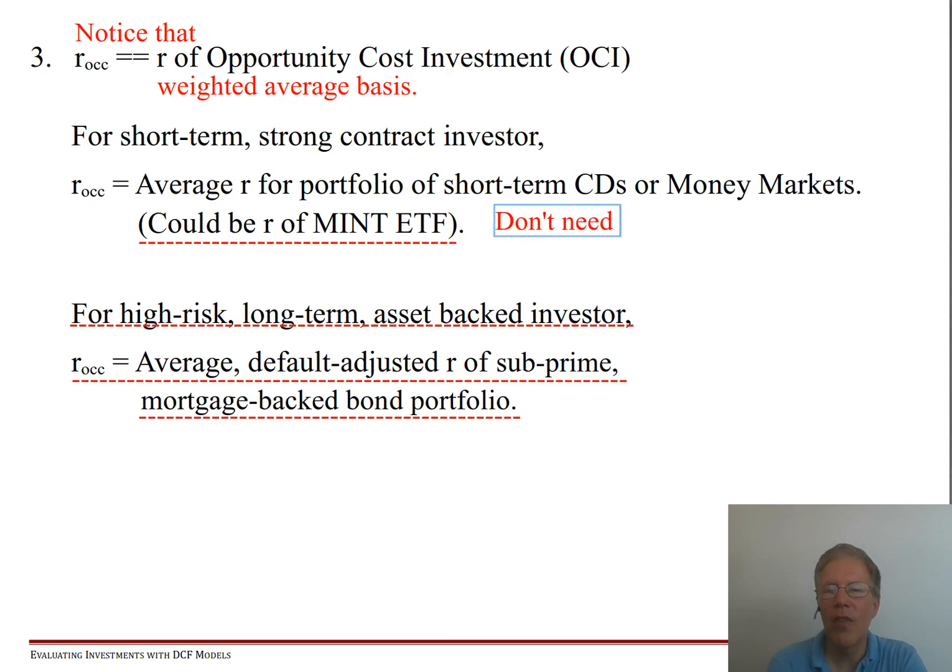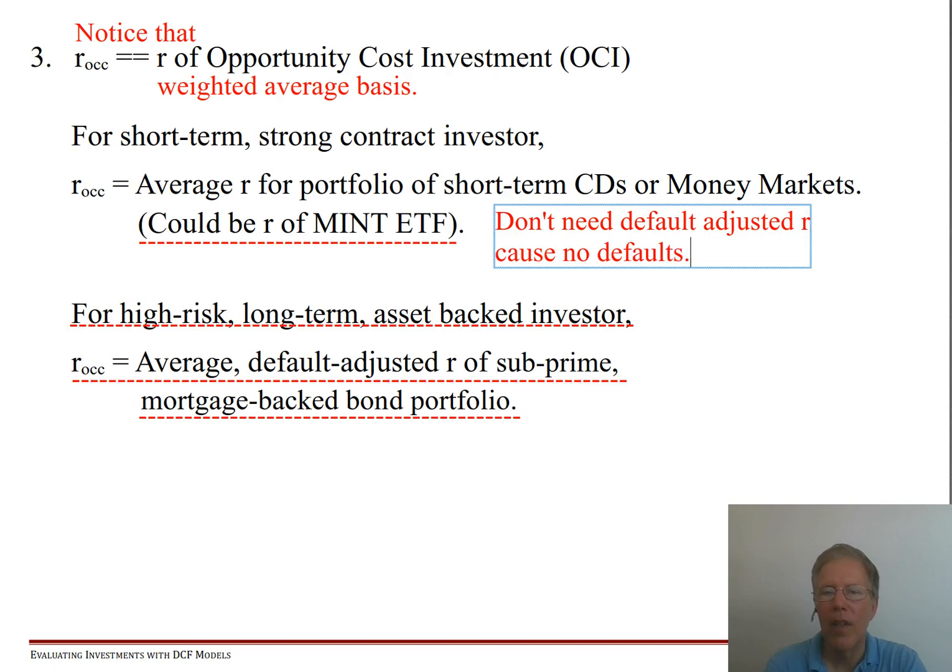Up here, this is really simple. Don't need default adjusted. Here we don't really need a default adjusted R because essentially there are no defaults.